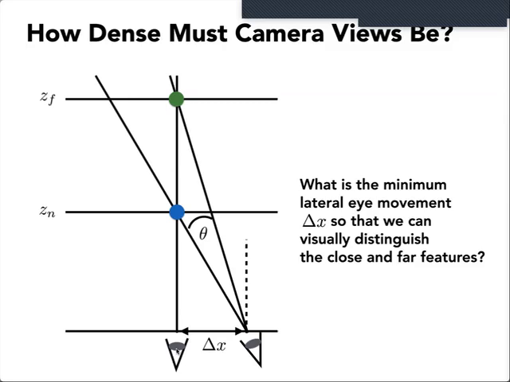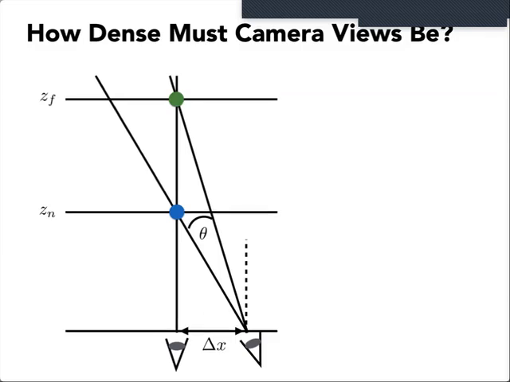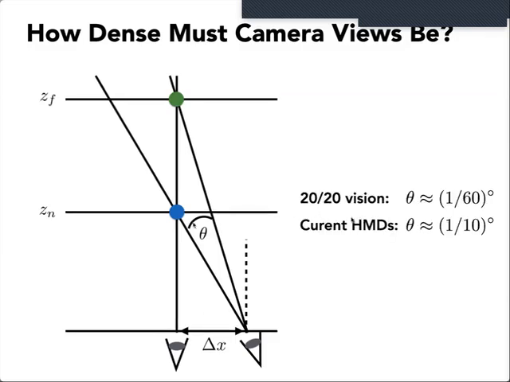If it can see really sharply, then delta x will be smaller. So theta here represents the angular visual acuity of the eye. Reminder: 20/20 vision, as we talked about last lecture in detail, has an angular acuity of 1/60 of a degree, an arc minute, which came from the size of the cone cells on the fovea.